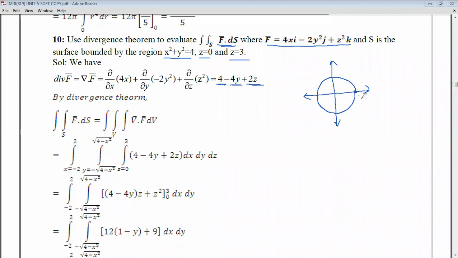It means the intersecting points are 2 comma 0, 0 comma 2, minus 2 comma 0, and 0 comma minus 2.